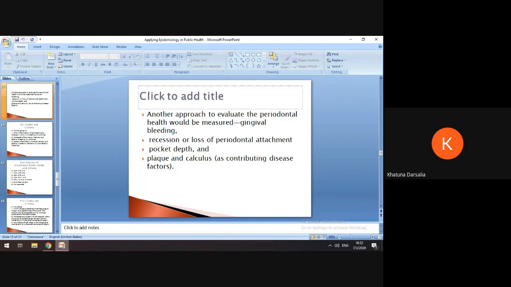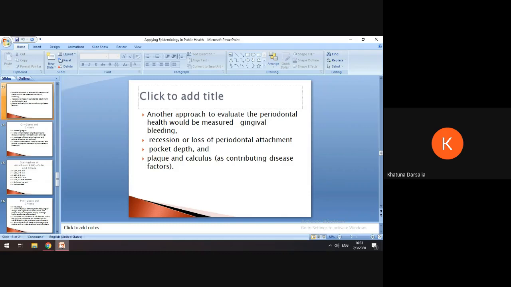Because collecting each aspect of periodontal health is time-consuming and expensive, this approach is rarely used by public health programs. Measuring periodontal health in a community-based population this way is usually limited to research projects.